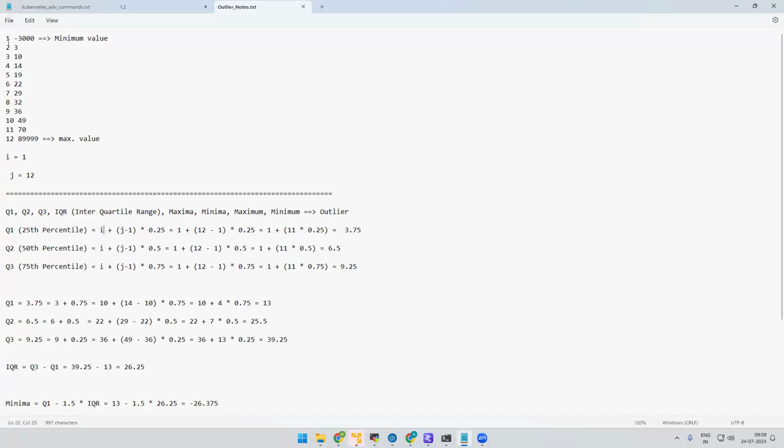I is the first index value, that is 1, whereas J is the maximum index value, that is 12. We have only 12 rows. So it's 1 plus (12 minus 1) into 0.25. After simplifying, 12 minus 1 is 11. 11 multiplied by 0.25 is 2.75. 1 plus 2.75 is 3.75. Any questions on this part?